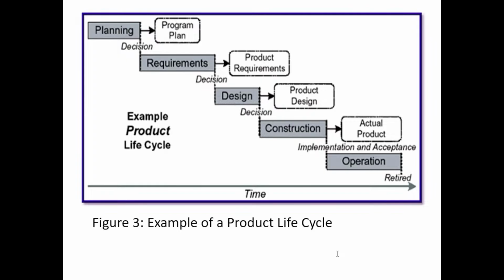And while you are constructing the product, your target is where? The market. Is that not? Your target is the market. And finally, you roll out the product for implementation. That is operation. So you roll out the product into the market for implementation and acceptance. And once the product is in the market, what do you do?